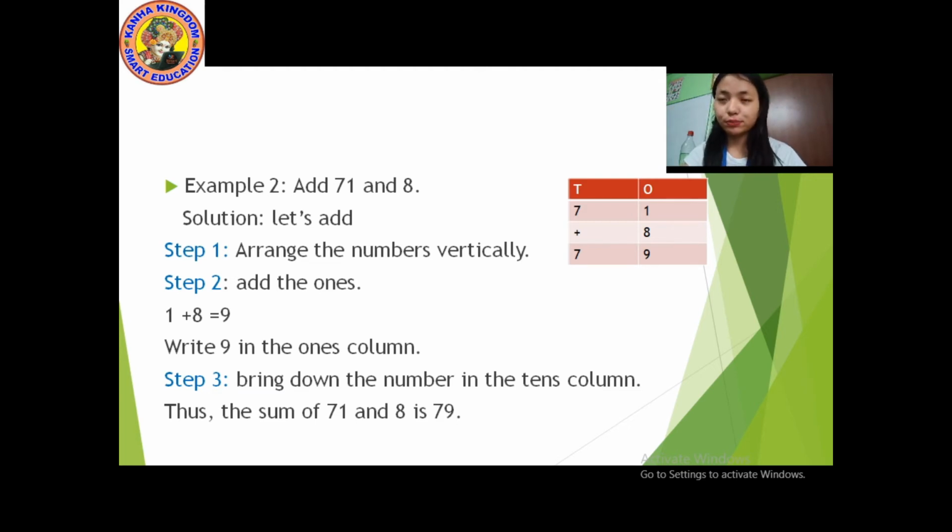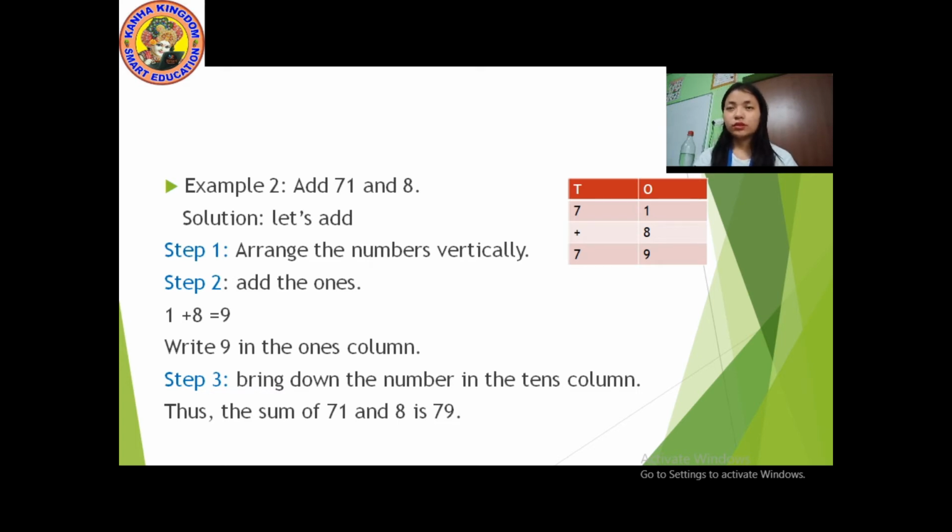The first step is arrange the numbers vertically, and step 2 is add the ones. In the number 71, 1 is the digit present in the ones place, and the number 8 is itself in the ones place, right?